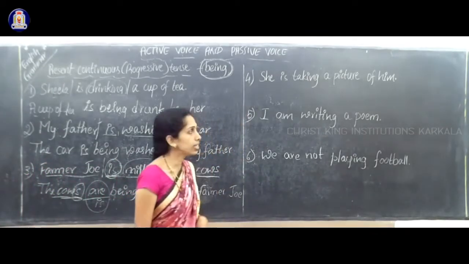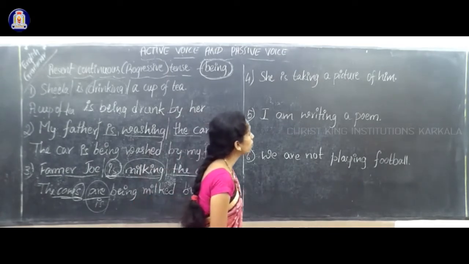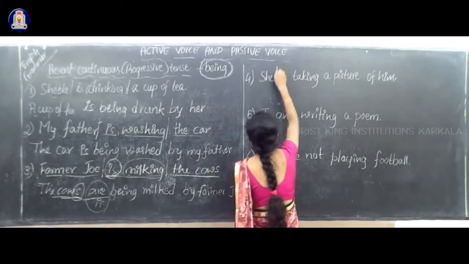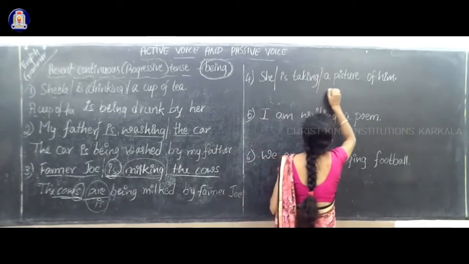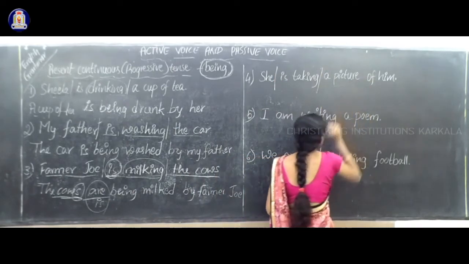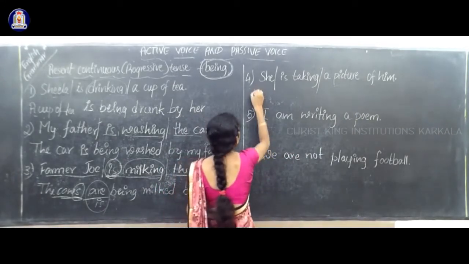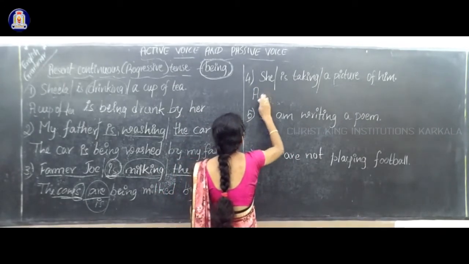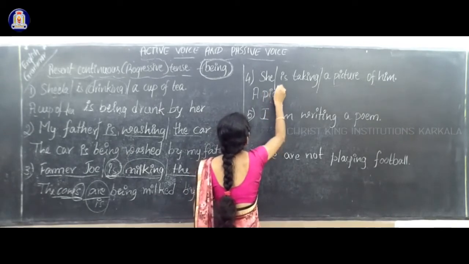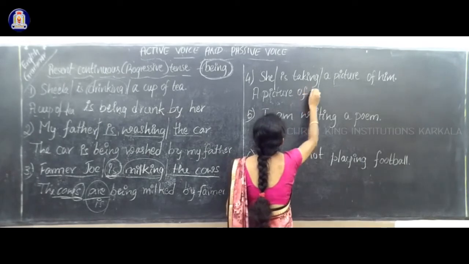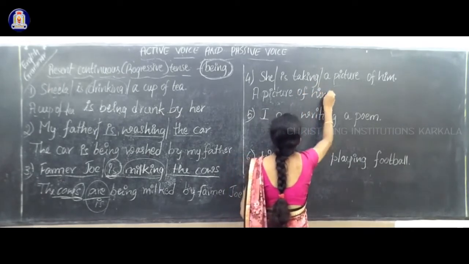Now, look at the next sentence. She is taking a picture of him. How to write the passive voice? A picture of him.